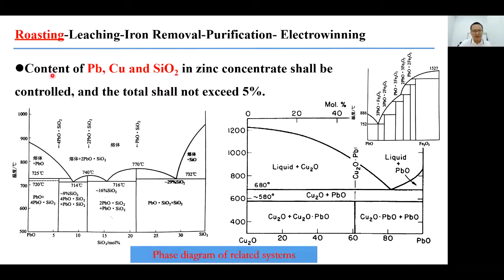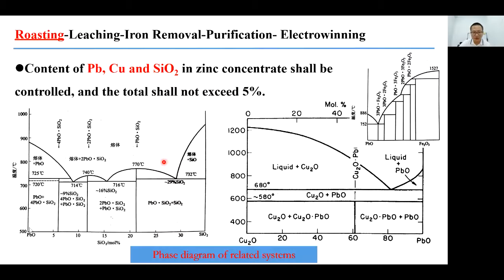The contents of lead, copper, and silica in the zinc concentrate have a standard: the total should not exceed 5%. This is mainly determined by the behavior of those systems in the roasting part.